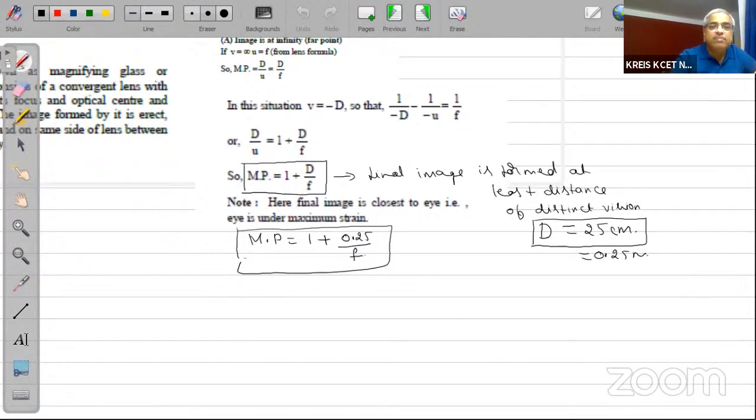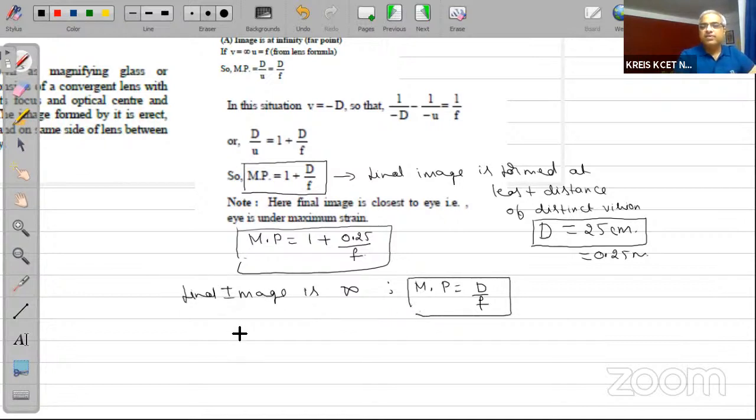So when the image is formed at infinity, the magnifying power will be given as simply d by f. So this is the magnifying power when the final image is at infinity. Okay, these two formulas are very important, they ask this in the exam.